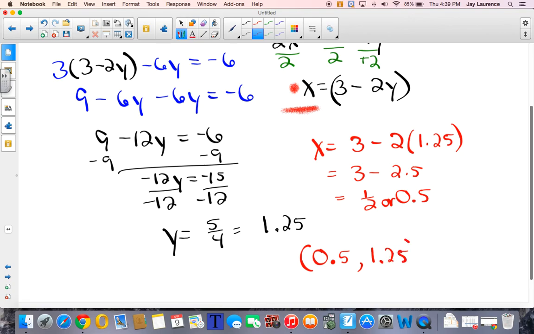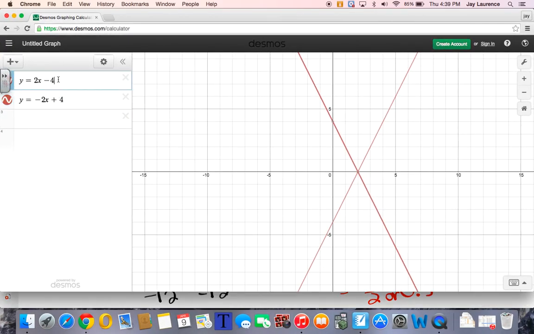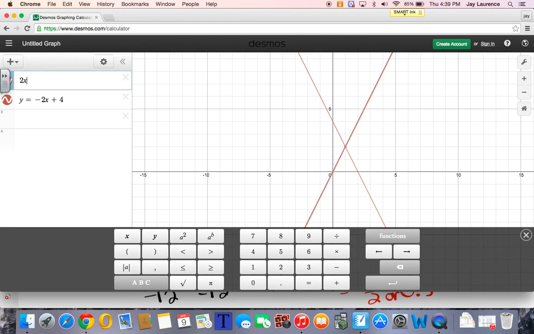And if you do that on Desmos.com, you type those two equations in, you'll find they do cross there. I feel like I have a mistake there. You know what? Let's go ahead and do it while I got you. And maybe I'll see what my mistake is. Well, now, what are the two equations? 2x plus 4y equals 6, and 3x minus 6y equals negative 6. All right. So let's go with 2x plus 4y equals 6, I think I said.